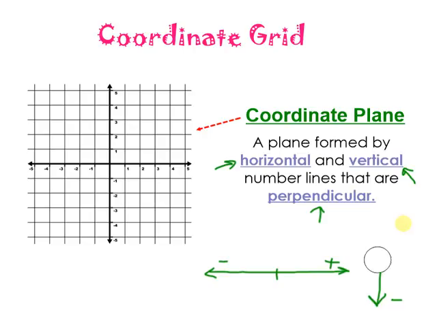Now, I'm actually going to erase this, and I'm going to put it on top of this other one right here. Now, the point where they meet is going to be 0. All of these are positive, and all of these are negative. So it's two number lines that are crossed together.